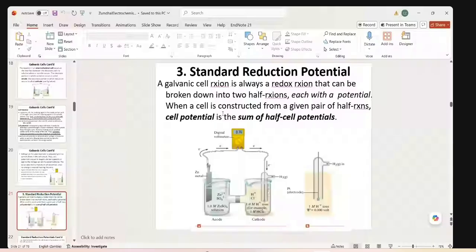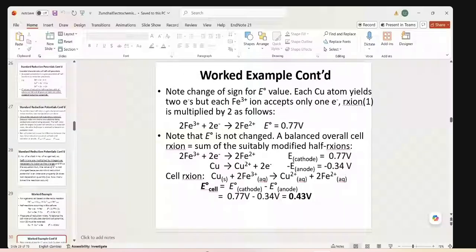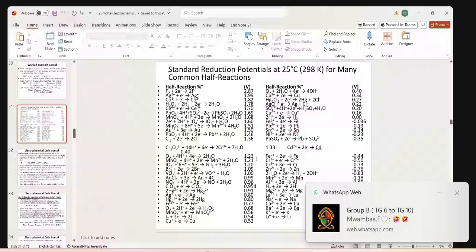What's the reduction potential for hydrogen? Now, where do we get the reduction potentials for these elements? The reduction potentials are here for all the elements. So you just come to the table here, then you check where zinc is. Zinc is somewhere here.